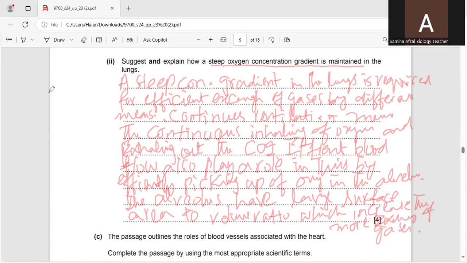So in this way, a concentration gradient is maintained by different means.